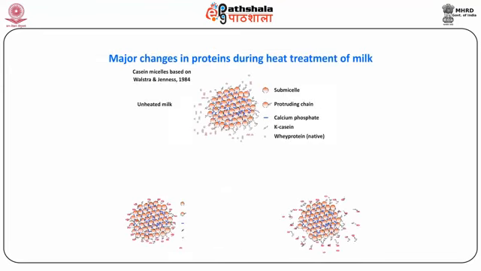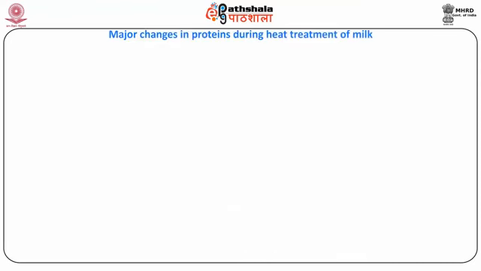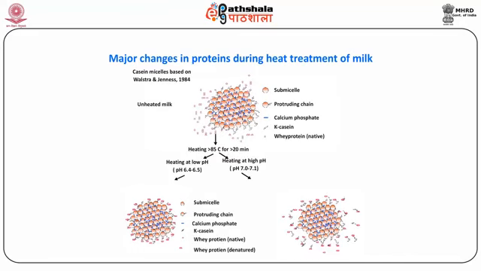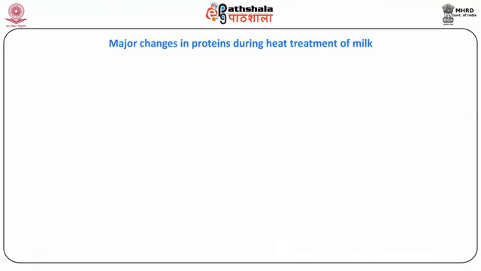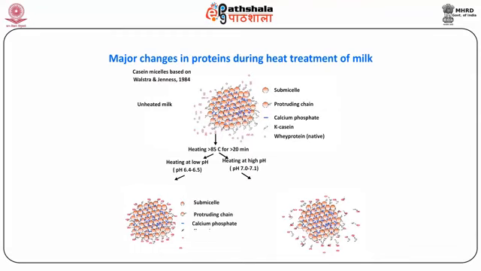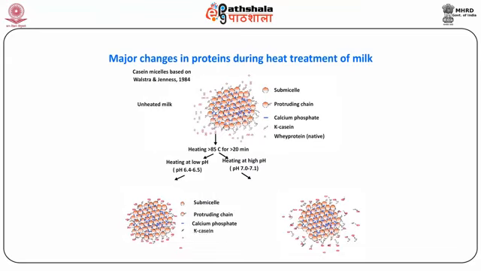When it is heated, it starts to lose this calcium phosphate. Resultantly, molecules of submicelle, or we can say casein molecules, get freed in the whey protein, which gets adjoined to each other to form a curdle or curd.